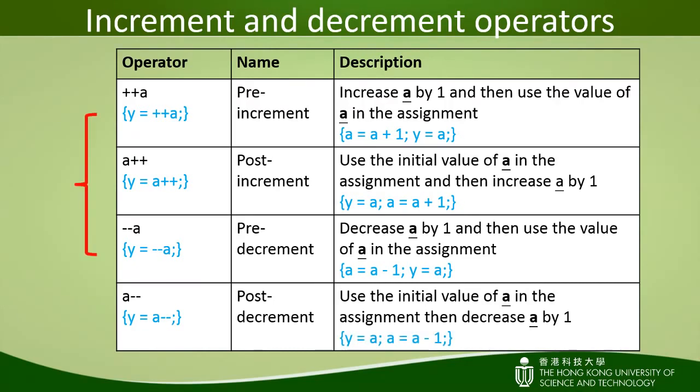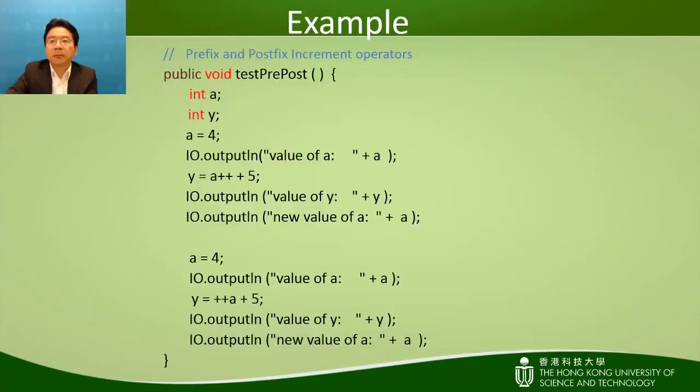So these two indicated here are prefix operators, which put the operators in front of a, will first increase or decrease the value of a, and then the decreased or increased value is used in the assignment if needed. These two are the postfix operators, which come after the variable a, will first use the initial value of a before the increment, and then increase or decrease the value of a.